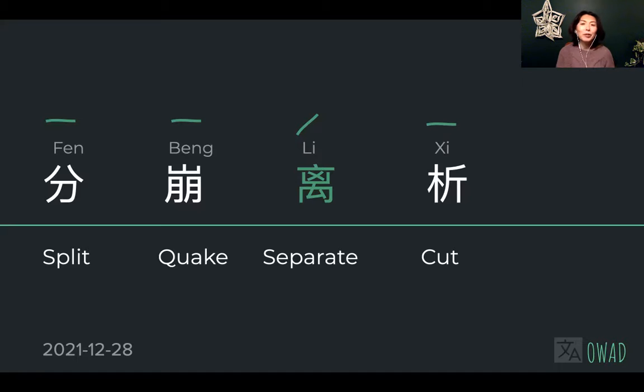Or actually, don't see it as a person because it's not a good picture, but it's like, okay, separate it. And then the bottom is a knife. So we have a knife that's cutting something separated. So from 1 piece now it looks like 2 pieces. That's the simple, direct, visual way to express that it is splitting.